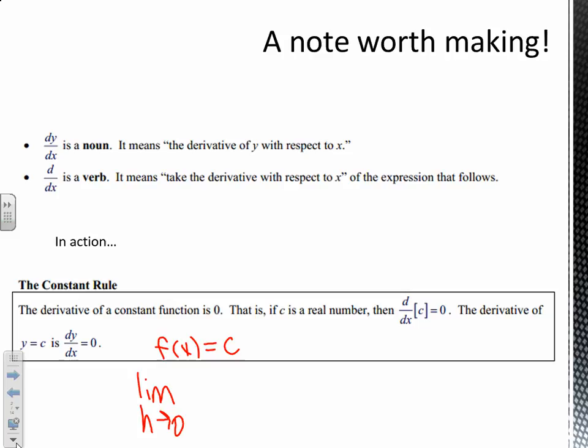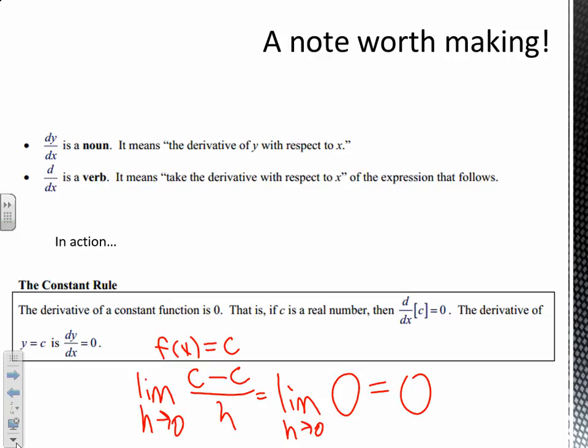Is there anywhere to plug x into? So what do we get? C minus f of x, c, all over h. So we have the limit as h approaches 0 of 0, which is 0. When we take the difference in our heights, there isn't a difference in our heights.